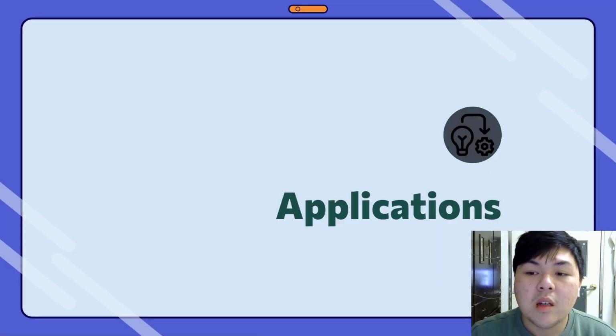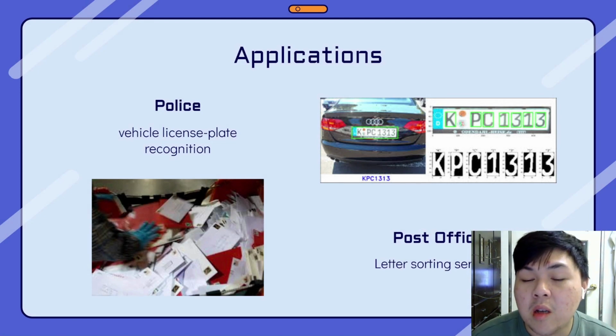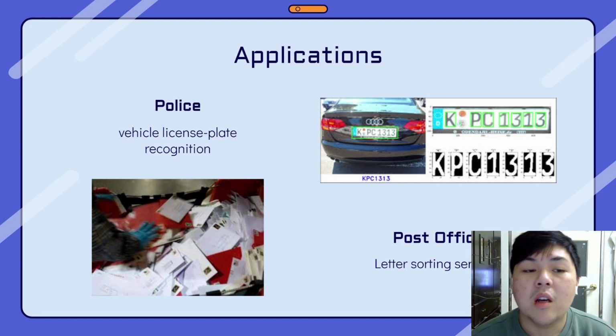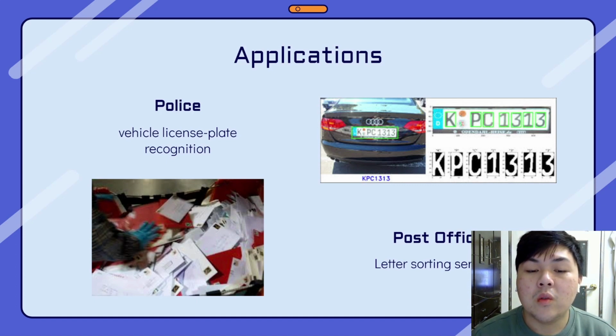And if we come to the applications, these are some of the applications that utilize handwritten digit recognition. The first one is for police, who use it to detect vehicle numbers. They use it for managing car traffic or finding irresponsible drivers.